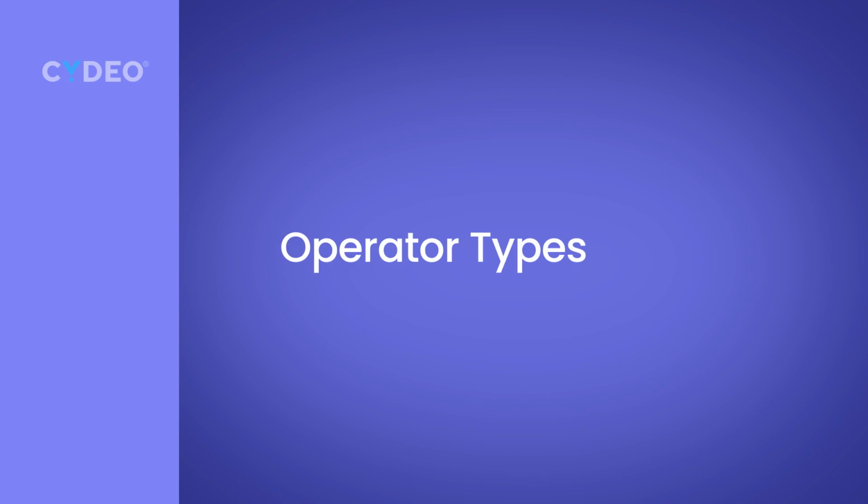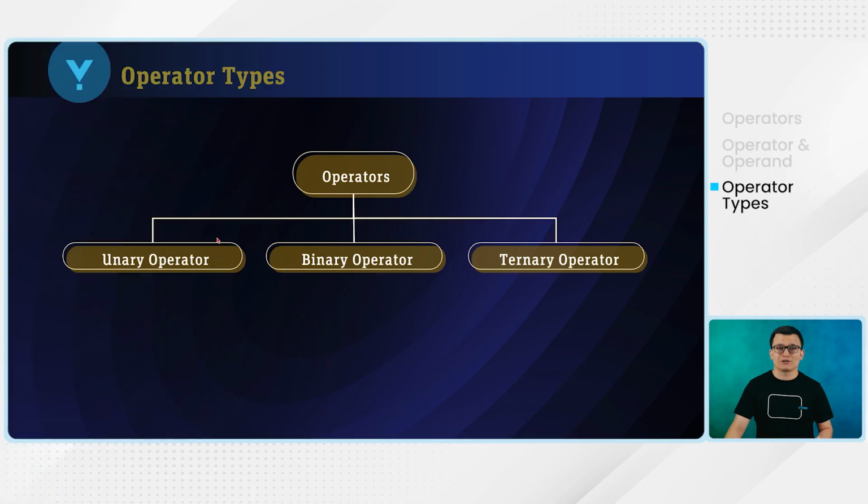The operator types in Java are categorized into three main categories. The first category is unary operators. The unary operators are a special type of operator that works with one single operand only. It works with a single operand, so you don't need an additional operand in order to perform the operations of this operator.